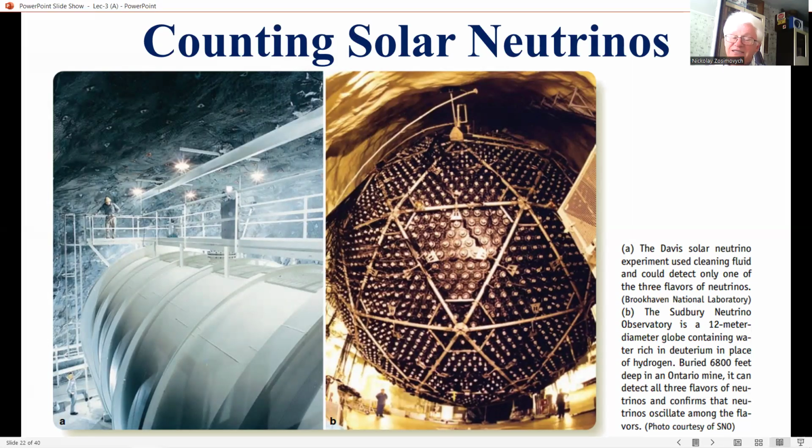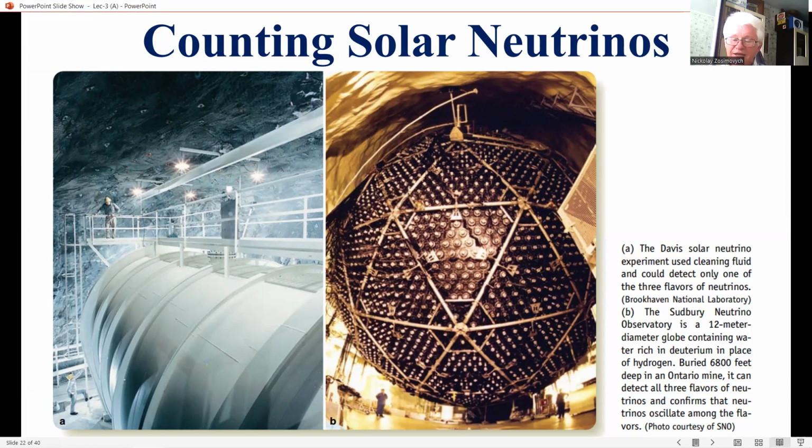In the 1960s, chemist Raymond Davis devised a way to count neutrinos produced by hydrogen fusion in the sun. He buried a 100,000-gallon tank of cleaning fluid, perchloroethylene, C2Cl4, in the bottom of a South Dakota gold mine, where cosmic rays could not reach it.